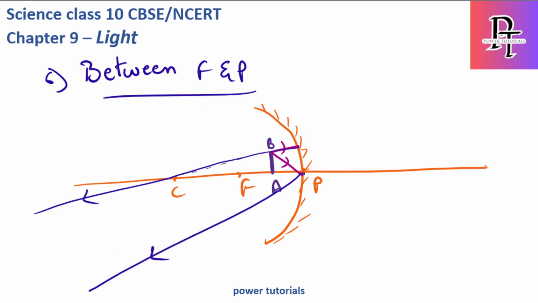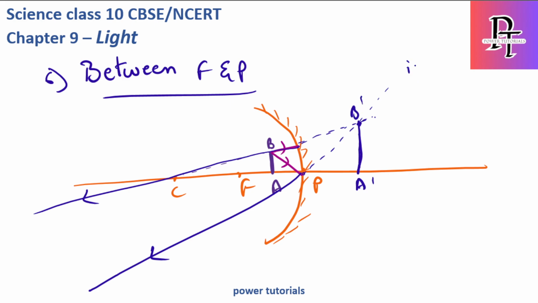But if you project them backward, like this, somewhere they will intersect at the back side of the mirror, and this will be the image. We call it A dash B dash.